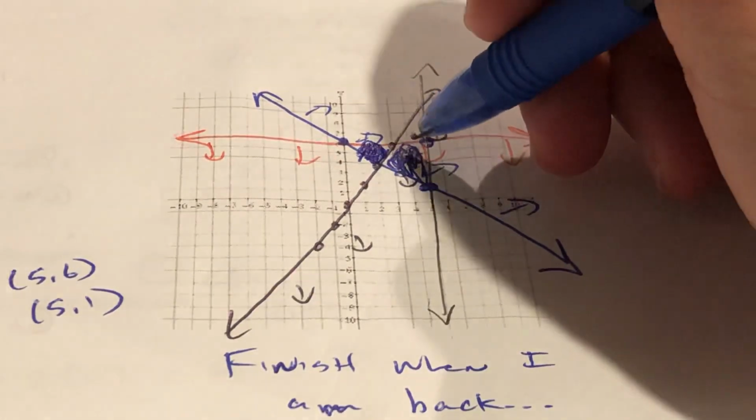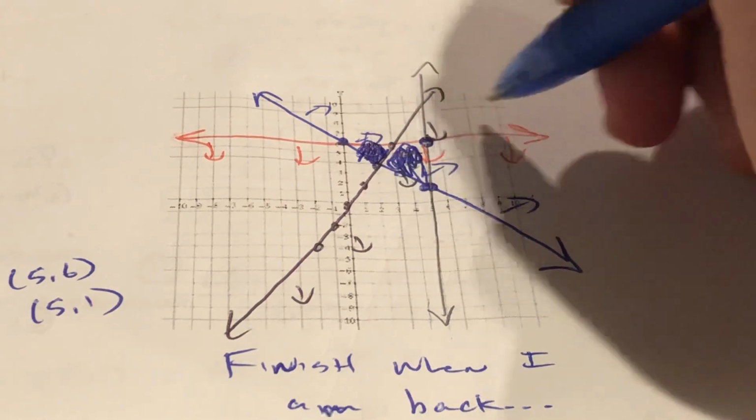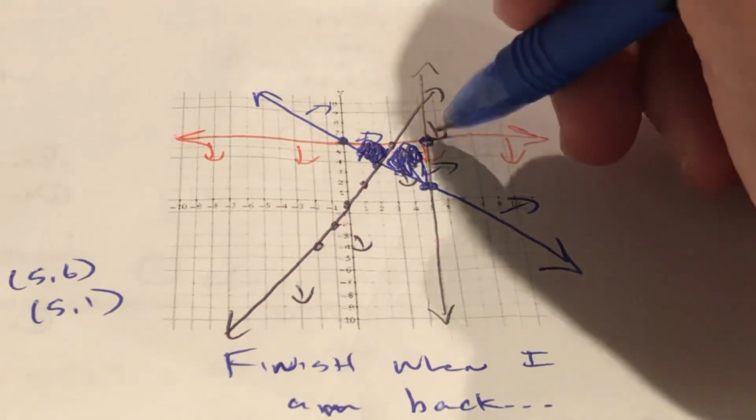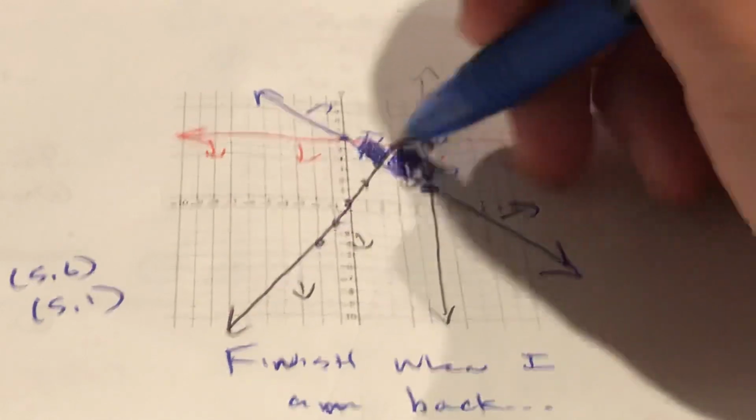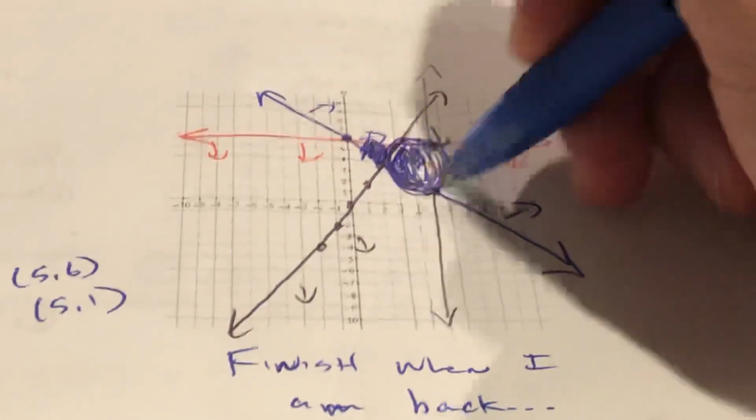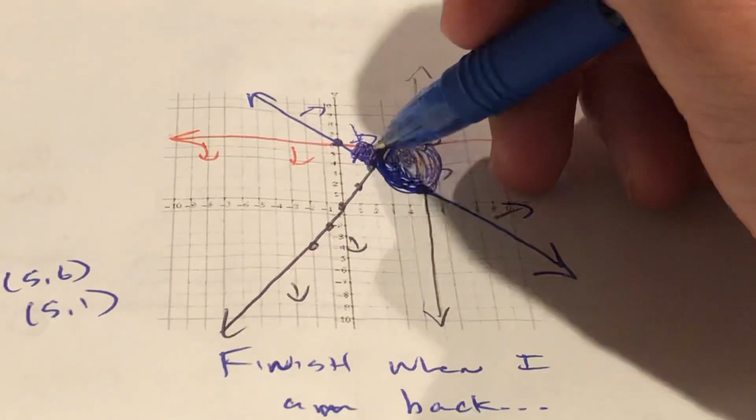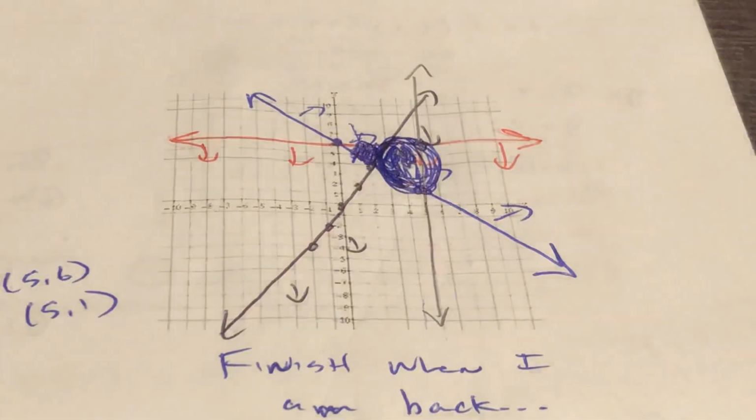That is not it, because you have to shade below this area. So I'm sorry, this right here, this is the answer, not this. Don't use pen, bad. Okay, so now I'm good.